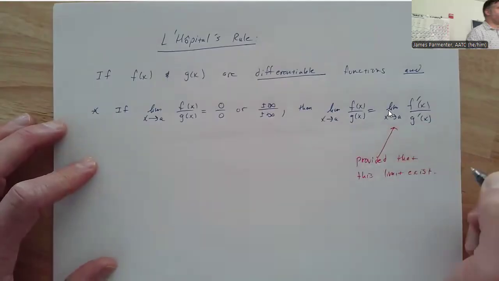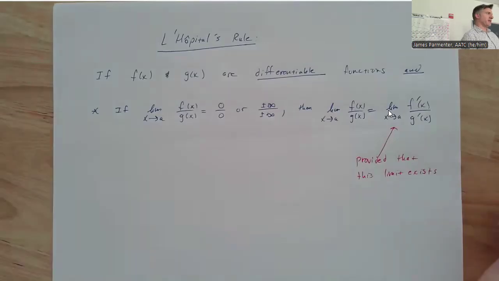So if you do L'Hopital's rule and the thing you get has a limit that doesn't exist, you have to go back to the drawing board.